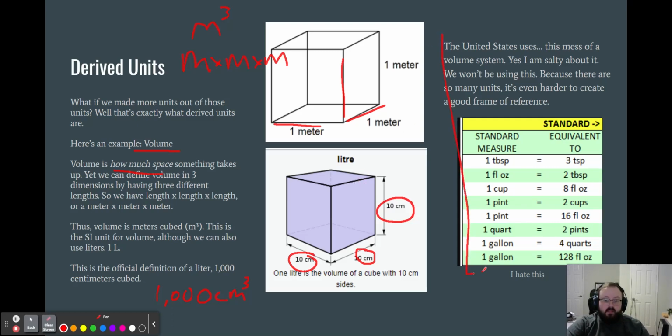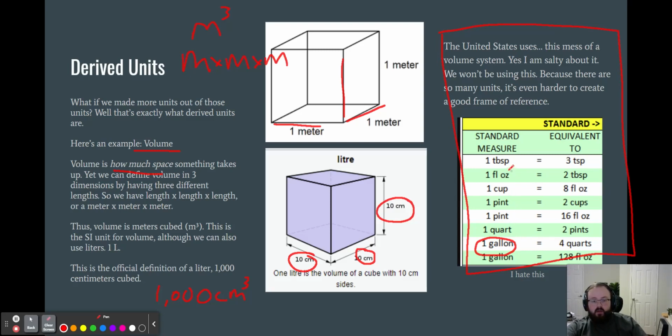The United States volume system is this. I hate it. I absolutely hate it. We don't use it in here. It's even hard to give a frame of reference because there are so many different units. We might know a gallon from a gallon of milk or a gallon of water, same with a quart or a pint.